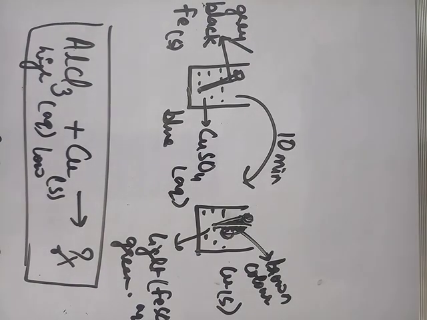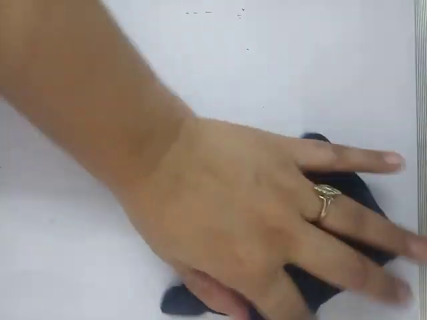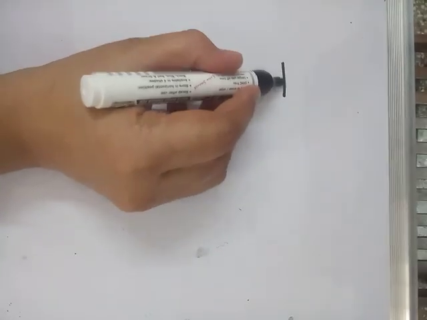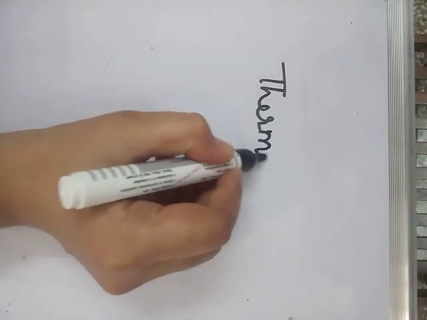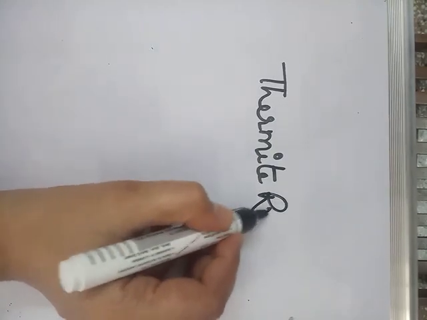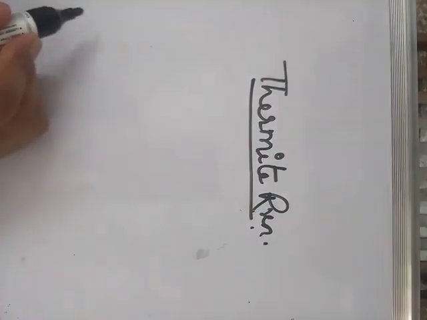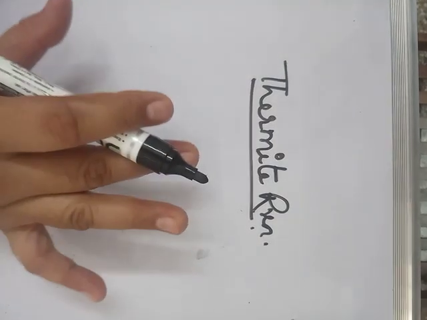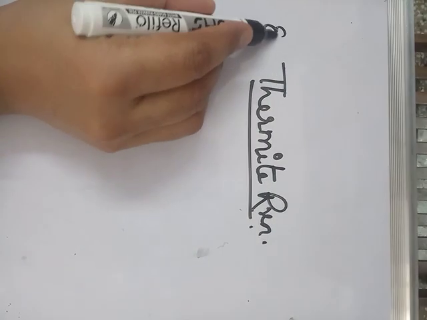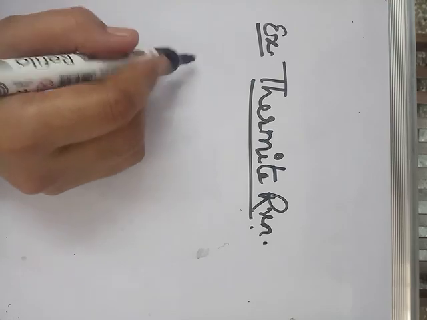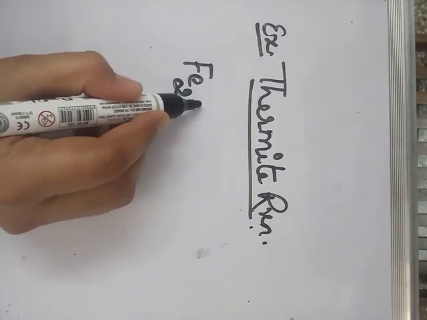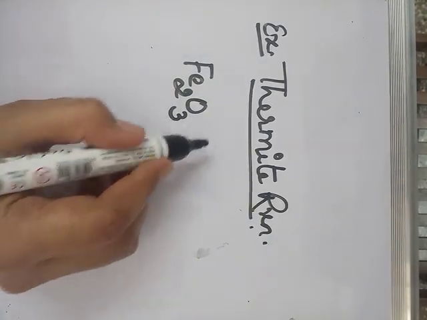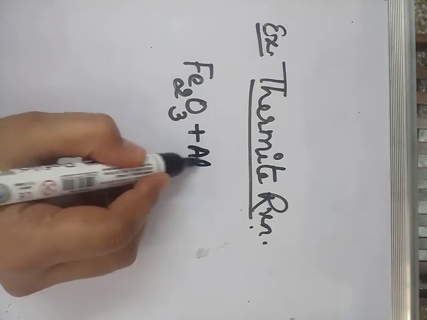Let me give you one more example of displacement reaction, which is in very common use, and that is the thermite reaction. This is an example of displacement reaction. In the thermite reaction, we are using iron oxide, Fe2O3, reacting with aluminum.